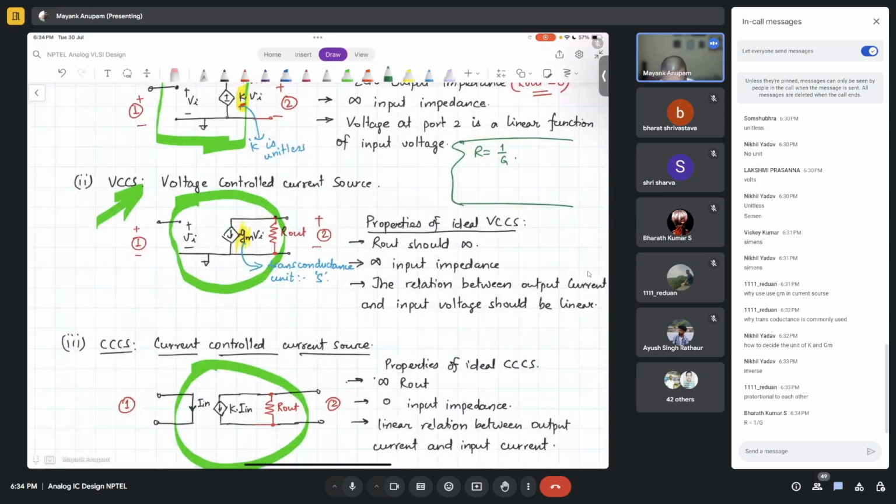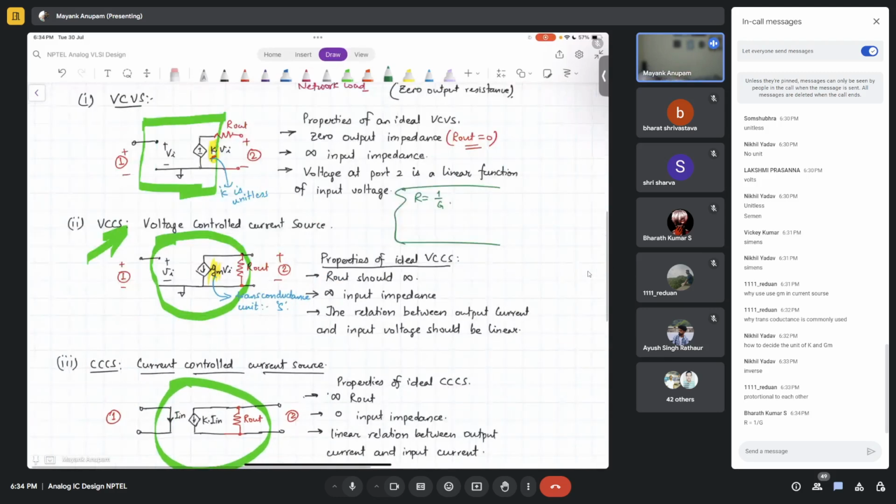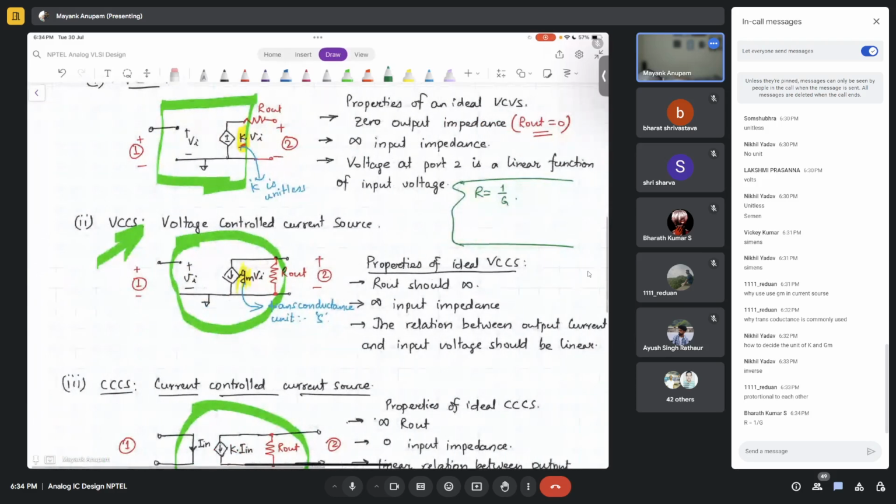When you say that you have a resistor here, it means what? On application of a current here, the voltage that you will be seeing will come at the same terminal, right?